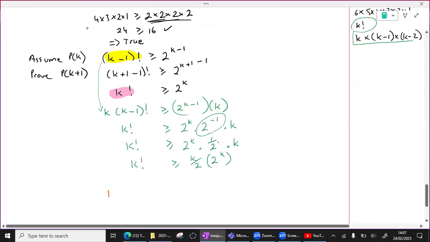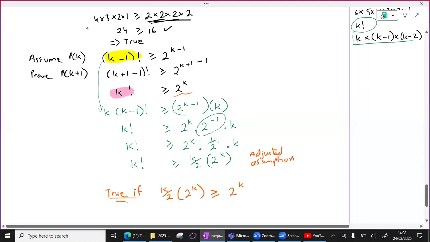So it is true if, so this is our true if sentence. If the adjusted assumption, so k over 2 times 2 to the power of k, is bigger than or equal to whatever the proof was, the proof being up there where the pink is, 2 to the power of k.